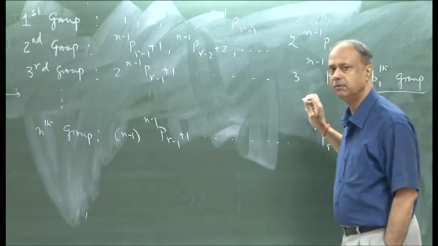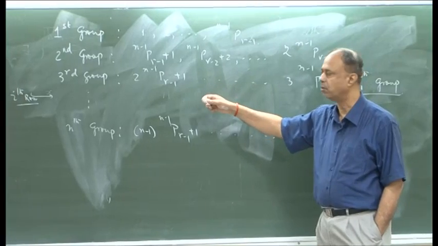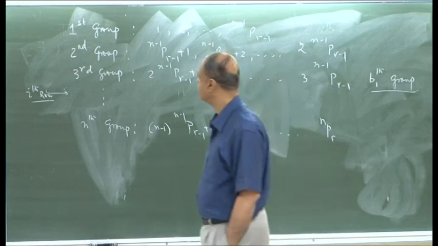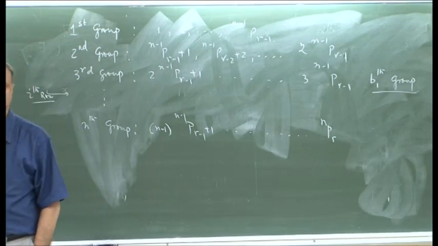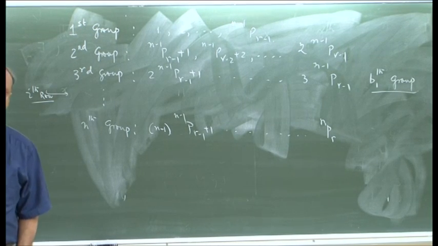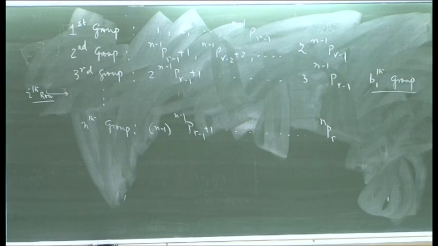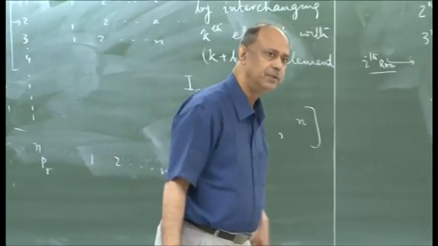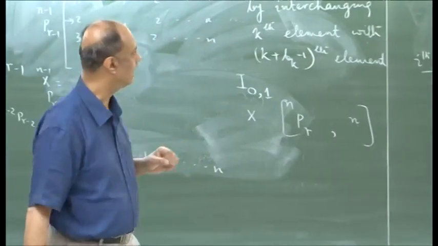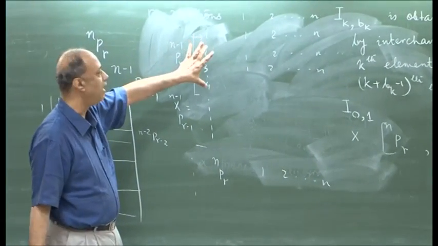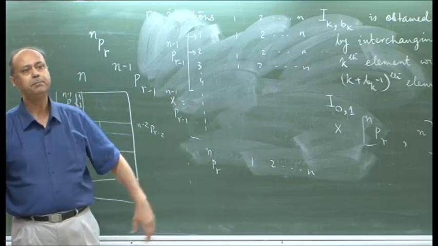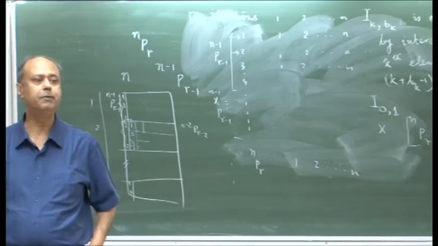So you can easily find out which group it is in. For the B1th group, i must lie between (B1 minus 1) times n-1 P r-1 plus 1 and B1 times n-1 P r-1. As I discussed, the first group has first element 1, the second has 2, and the B1th group must have first element B1.